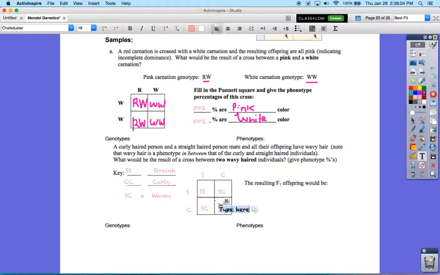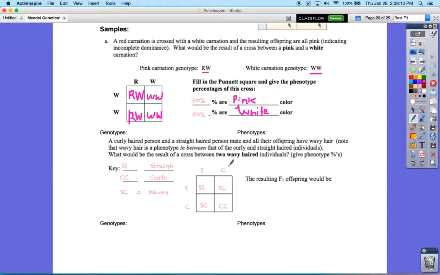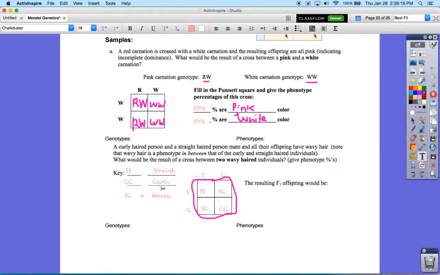And over here, we get CC. So these are the different genotypes that we can pick from: SS, SC, or CC.